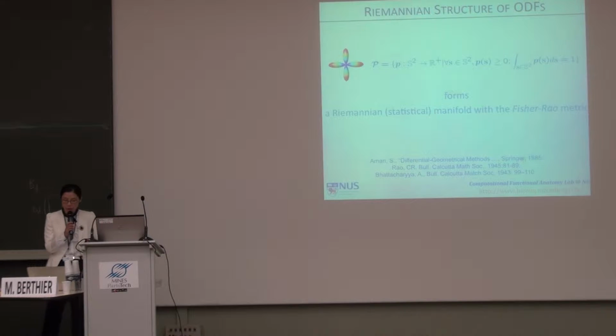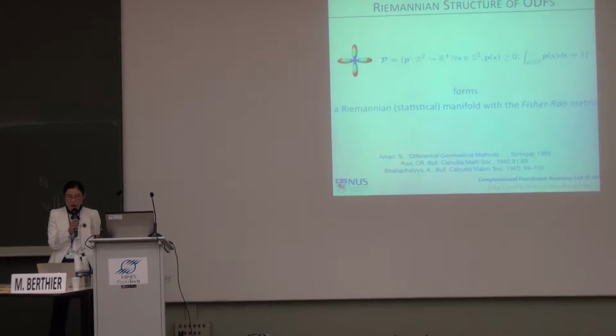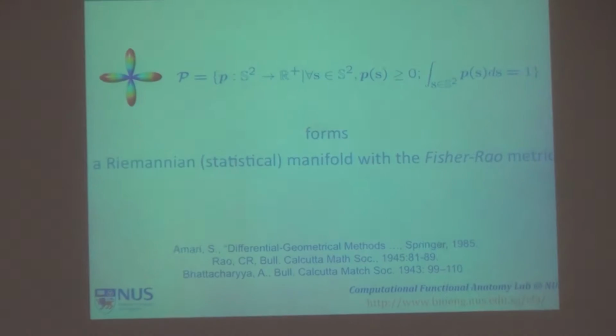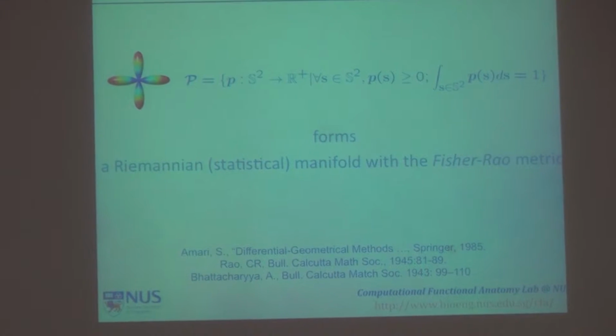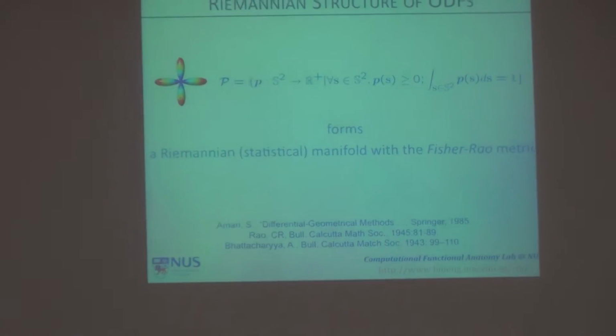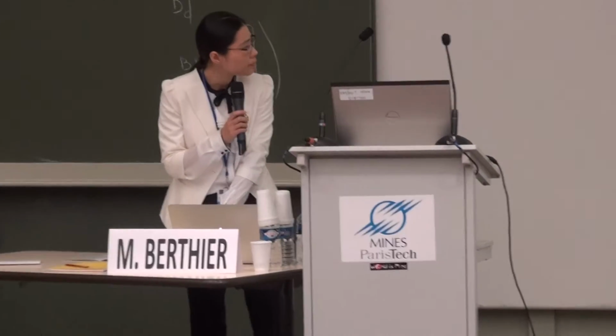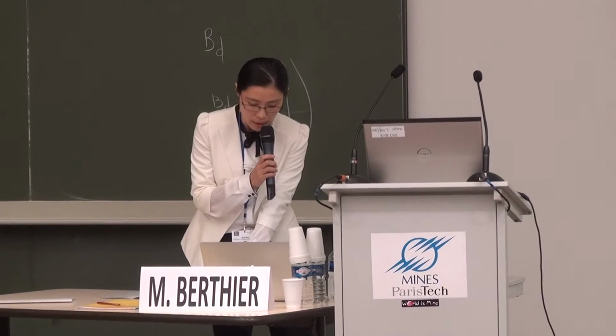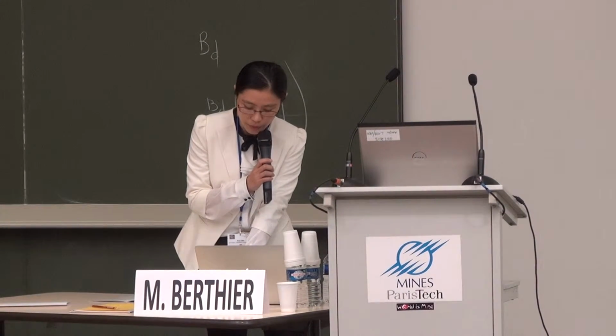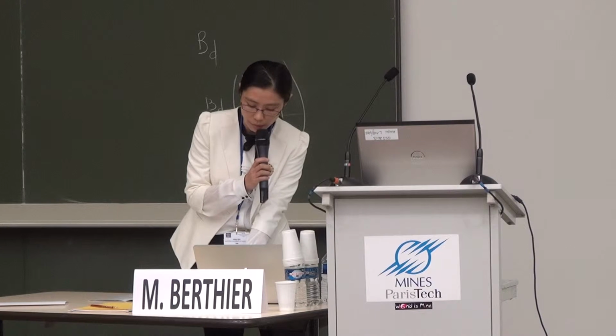So we can define a space P, a set of probability density functions defined on the unit sphere. And from information geometry, this space actually forms a Riemannian manifold with a Fisher-Rao metric. It depends on how we characterize this space, and the Fisher-Rao metric can be written in different ways.